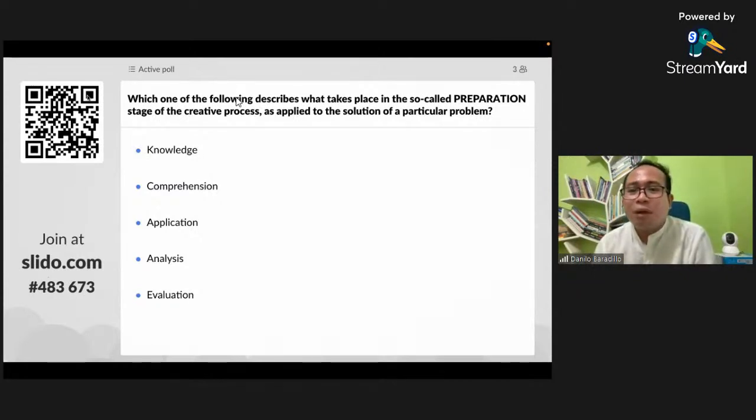What component of Bloom's taxonomy is actually addressed in this stem? There are still four who are responding, so I'll reveal later what the answer is.